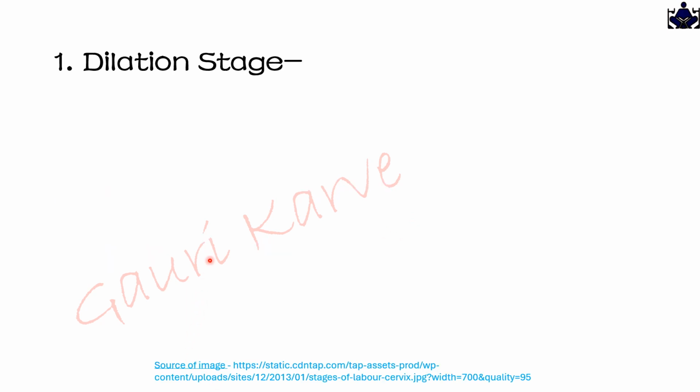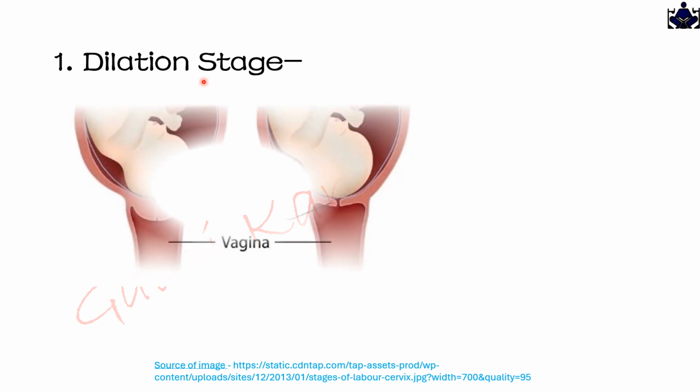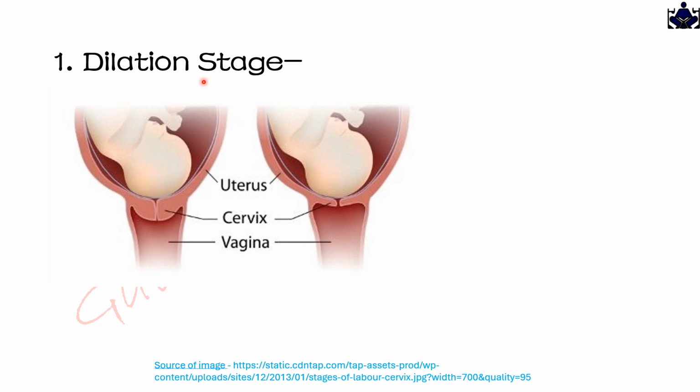Okay, now in this slide, let us try to understand what are the different steps involved in dilation stage. At this stage, oxytocin-induced uterine contractions become stronger and stronger. Uterine contractions begin from top, forcing the baby towards the cervix.